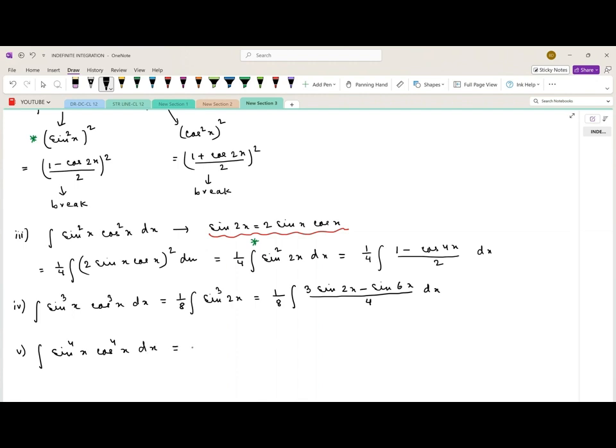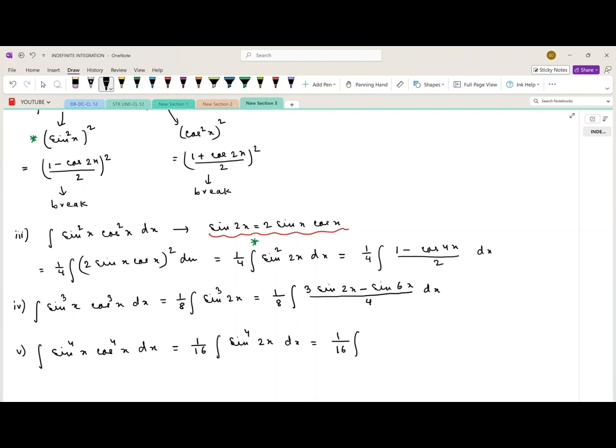Again same method, this time it will be 1 by 16 sin^4 2x dx. So when you have cube, you use the cube formula. Whenever you have square or 4th power, then again you use the same multiple angle formula.